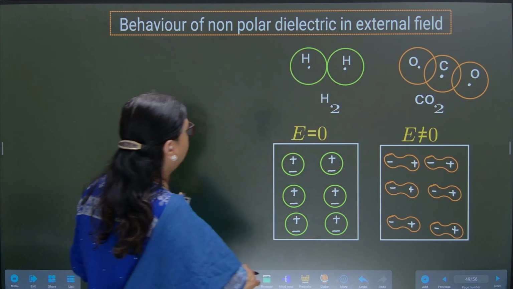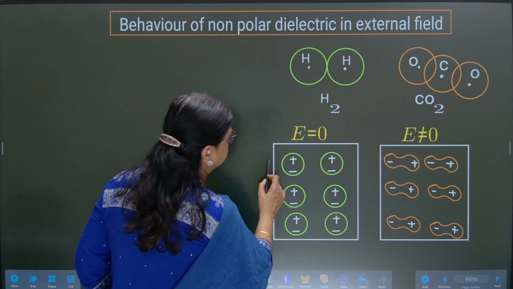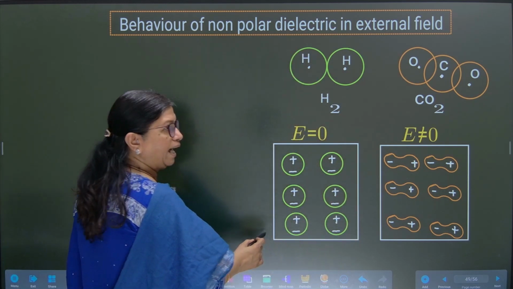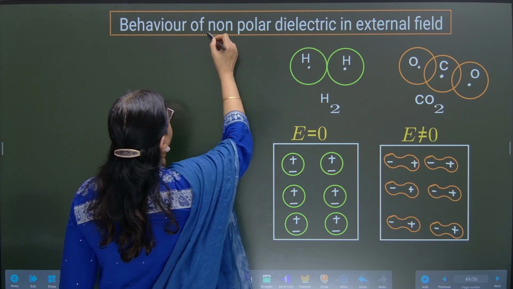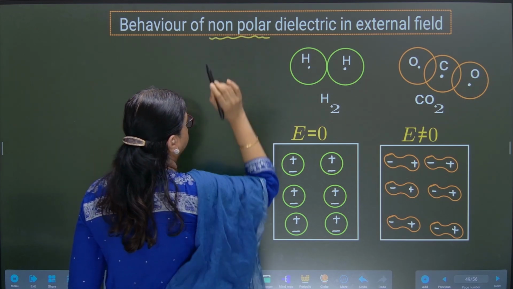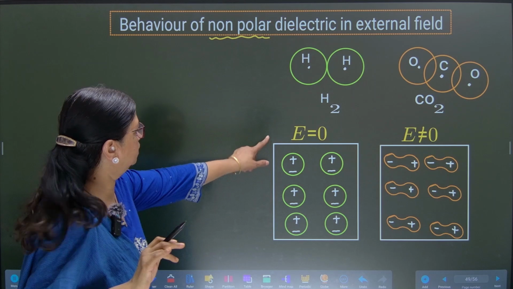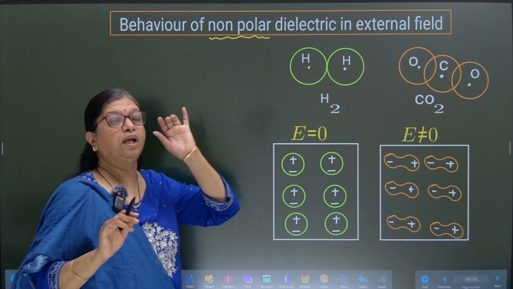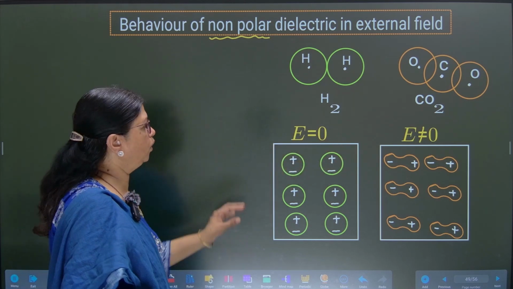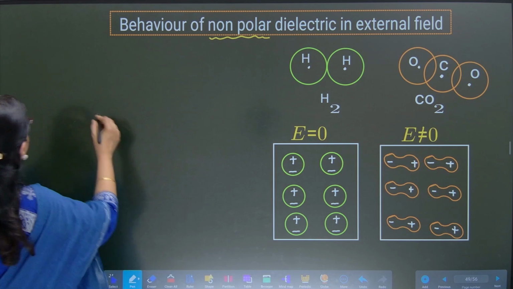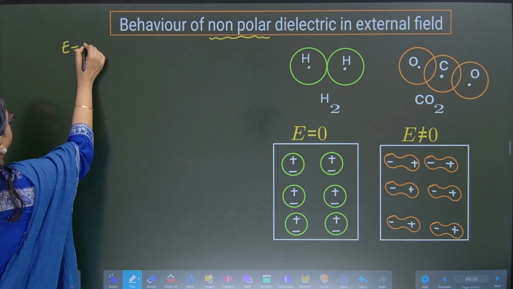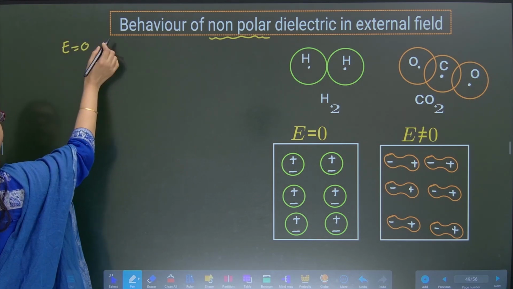Now here this is a dielectric slab which is non-polar. At present the electric field is 0. When electric field is 0, what is the situation of this non-polar dielectric slab?